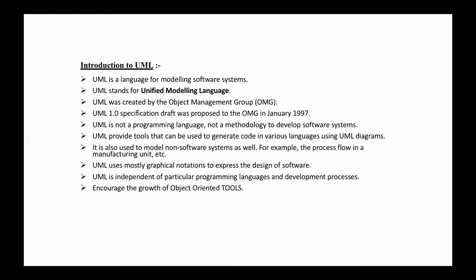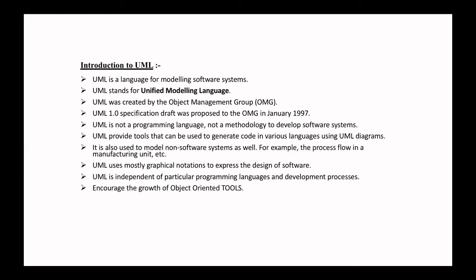UML uses mostly graphical notation to express the design of a software project. It is also used to model non-software systems as well, for example, the process flow in manufacturing companies, manufacturing units.